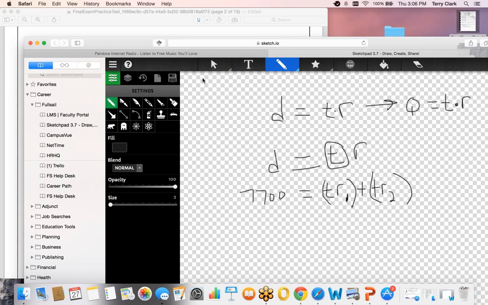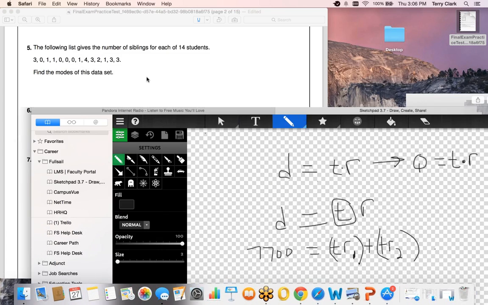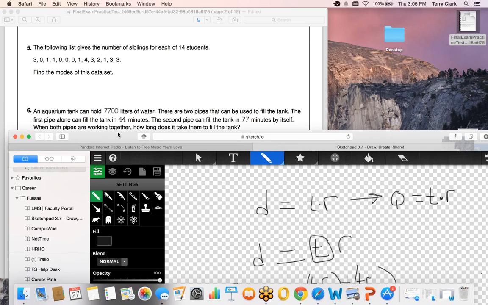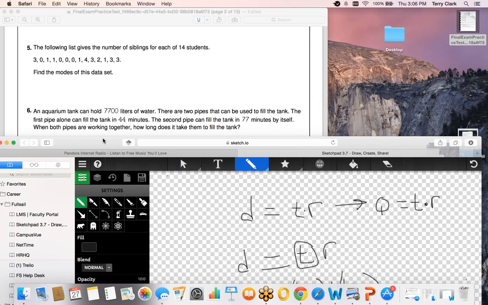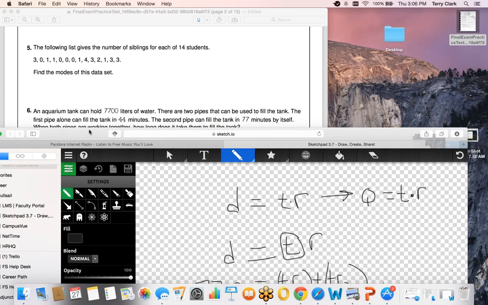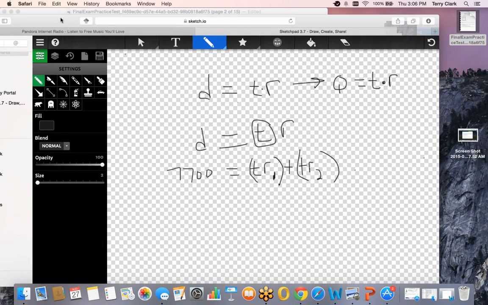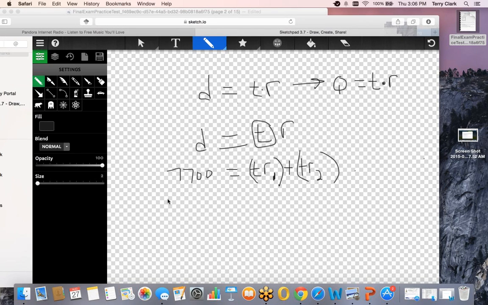And then I could add those two distances together. At this point, all I know is the quantity, which is like the distance in our DTR problems. I can figure out what the rate is for each one. So I'm going to say, if the first one pumped out all the water in 44 minutes, then I'm going to use that to figure out that rate.